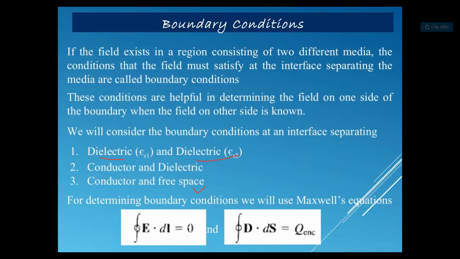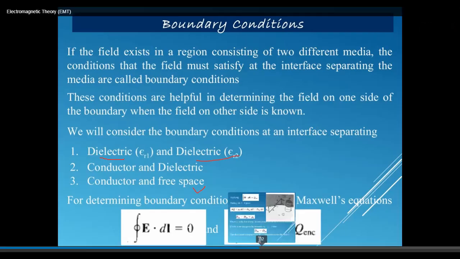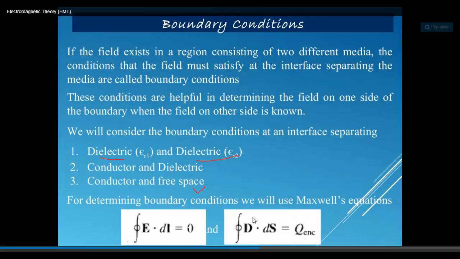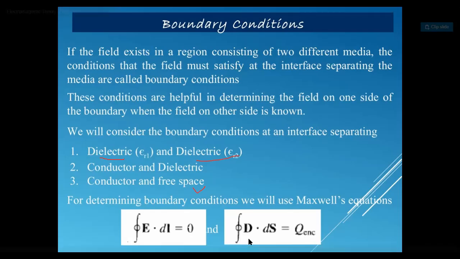This equation means that the electrostatic field is always conservative or irrotational in nature. Then another equation from Gauss law: the surface integral of the flux density is equal to the net charge enclosed within the surface.